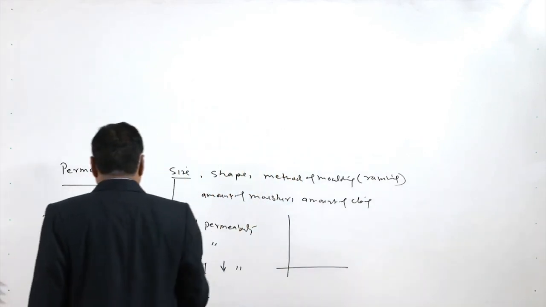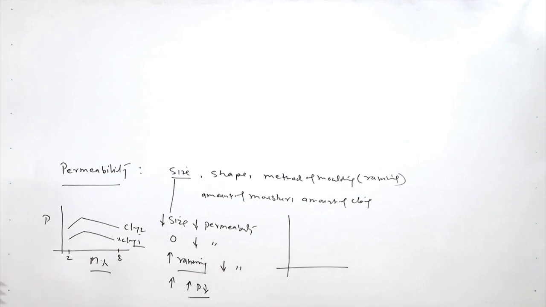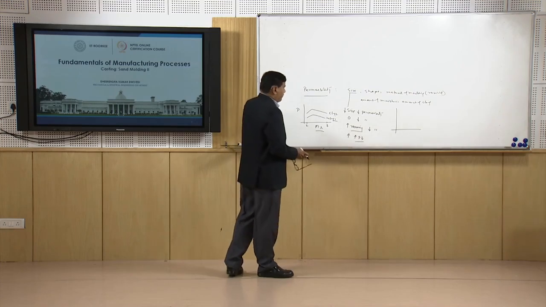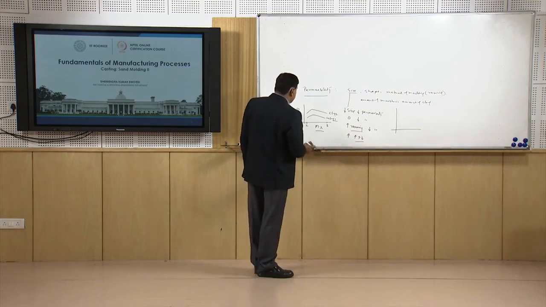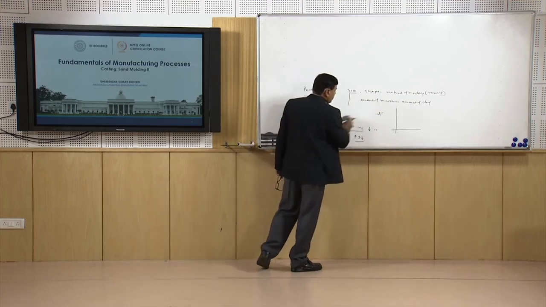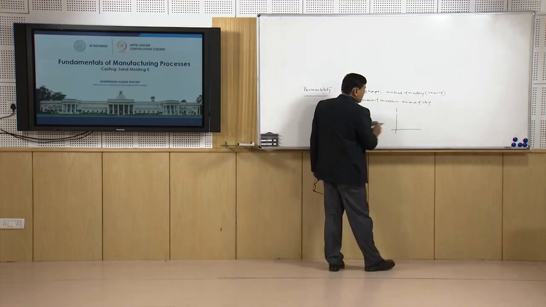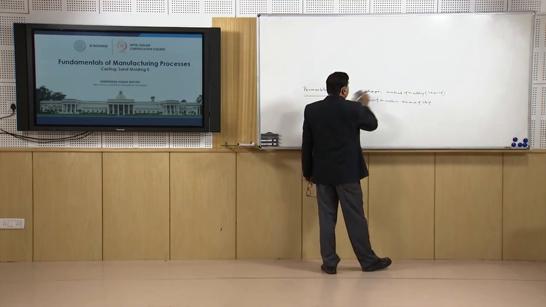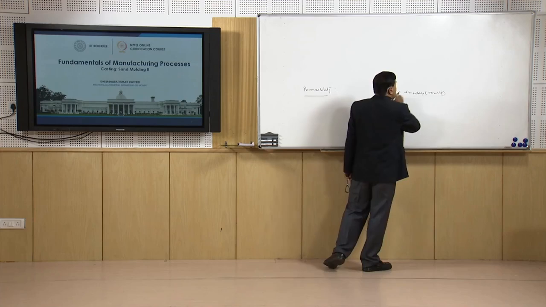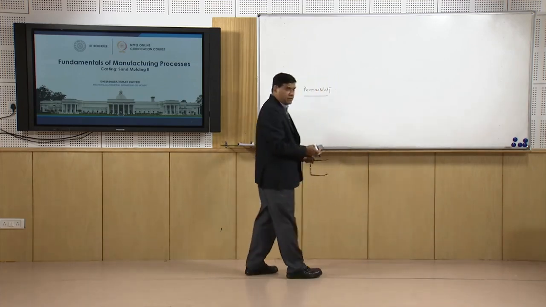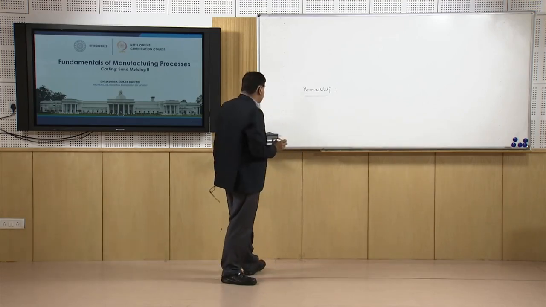So this is how the amount of the clay, the method of molding, and the size and shape of the sand grains affect the permeability or the pores, which determine the capability to escape the gases present in the mold, either due to the rejection from the molten metal or the gases generated during the mold metal interaction.